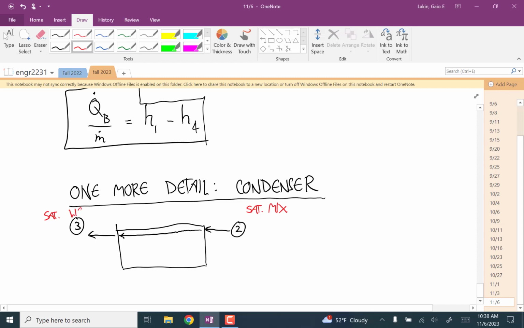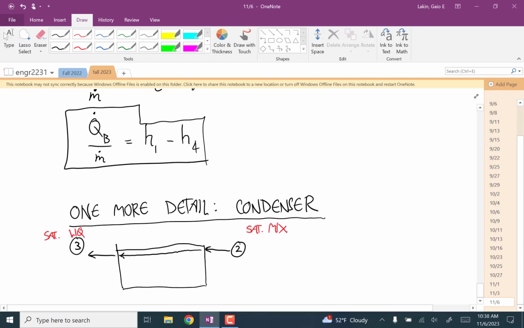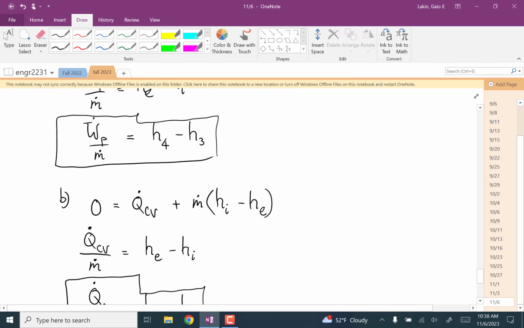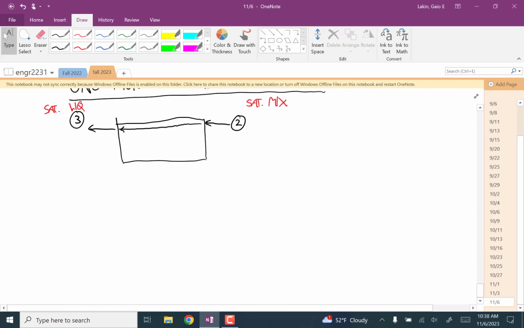How does it make that happen? It does it by passing a cooling liquid through a mesh network that's thermally in contact with this liquid, going the other direction, like this.